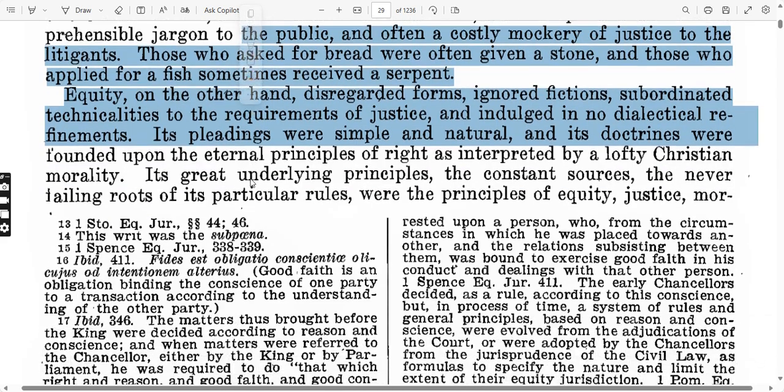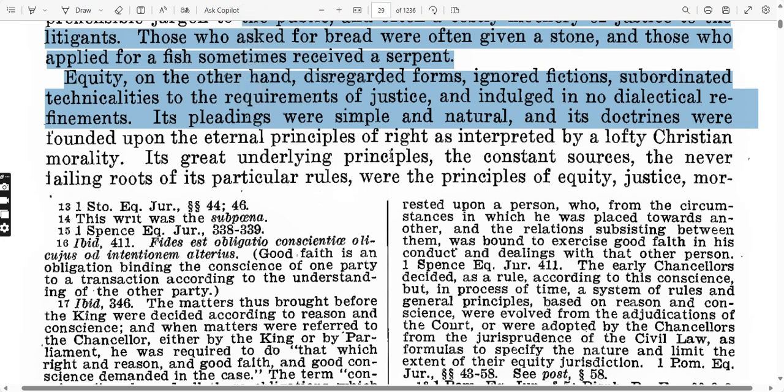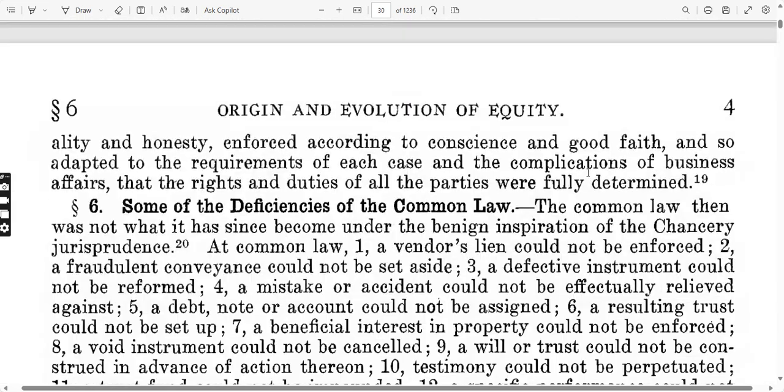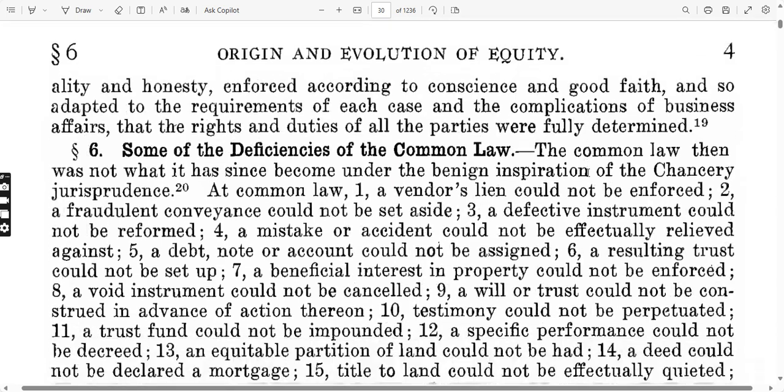Its great underlying principles, the constant source, the never failing roots of its practical rules were the principles of equity, justice, morality, and honesty enforced according to the conscience and good faith, and so adapted to the requirements of each case and the complications of business affairs, that the rights and duties of all parties were fully determined.